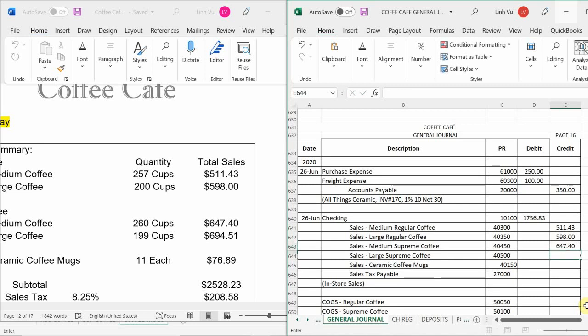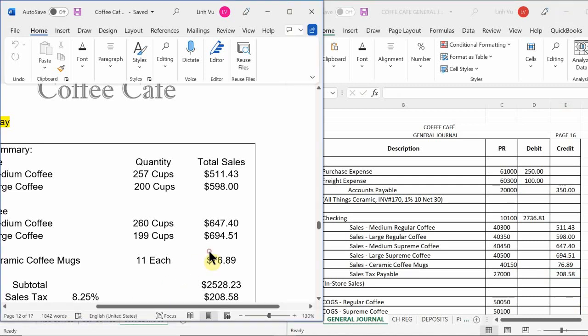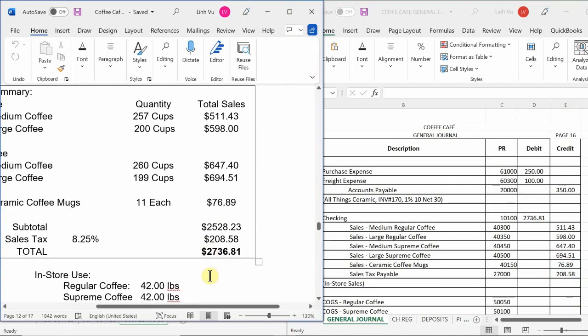And then the large supreme, $694.51. Strawberry coffee mugs, $76.89. And last but not least, tax, 208.58. Good. Giving me a grand total of 2736.81. Perfect.